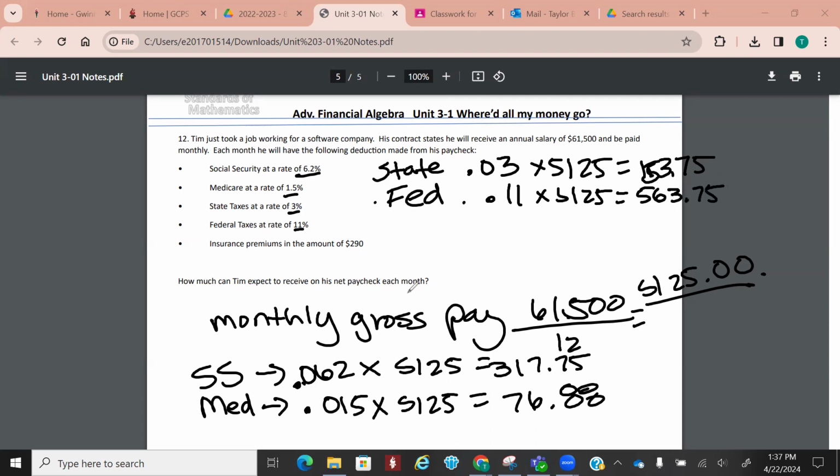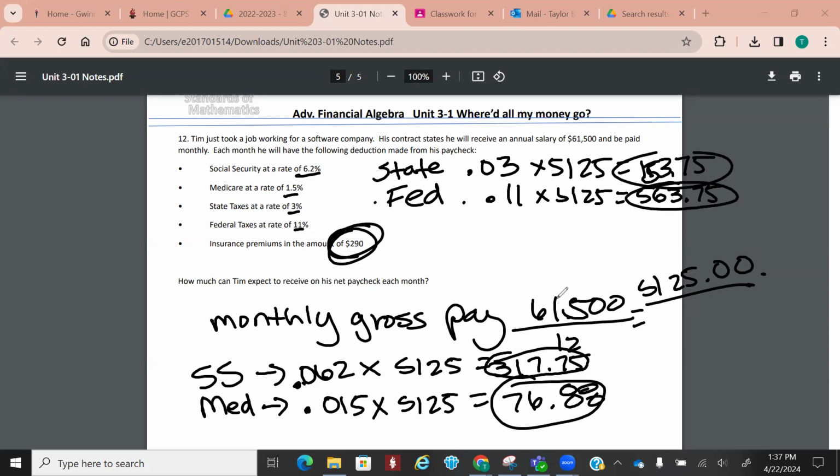On the next one, we've got Fed taxes, and that's 0.11 times 5,125. And that's going to give me 563.75. And then insurance, which they told you is a premium of $290. So in order to figure all this out, you're going to add up all these numbers that we just found. So you're going to add this one, this one, this one, this one, and then 290. And that's actually what's deducted from this 5,125. So take a second, add those up.